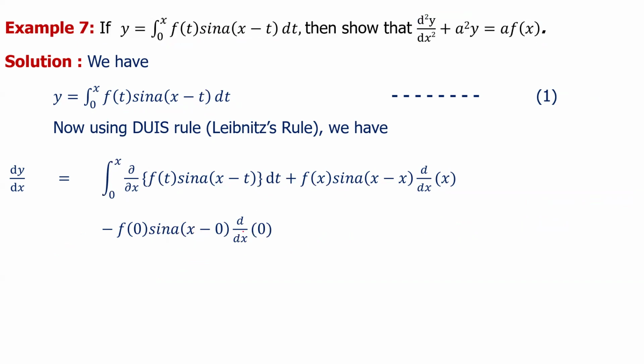So this is the DUIS rule 2 or Leibniz rule. Again, let me explain it. This total term is f of x alpha. We want to find out dy/dx, actually we want to apply DUIS rule twice because the order of the differential equation is 2.